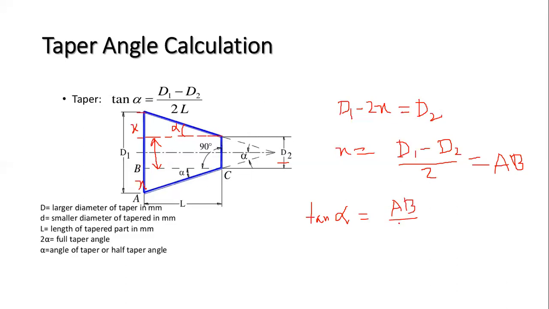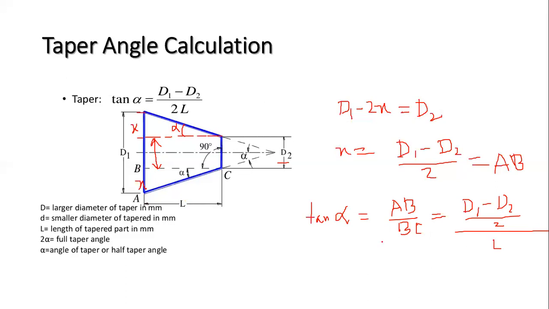Here we can put the value of AB, which is D1 minus D2 by 2, divided by BC, and BC is this portion, which is equal to the L that we have taken.